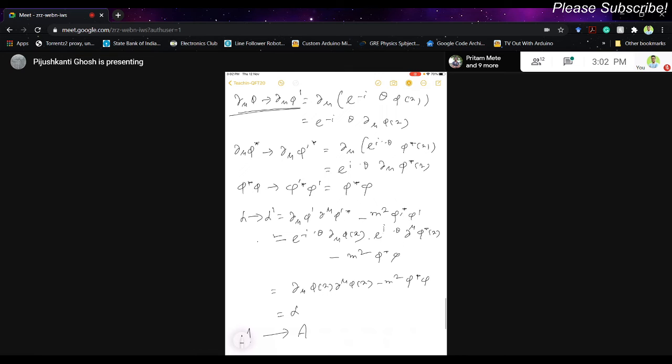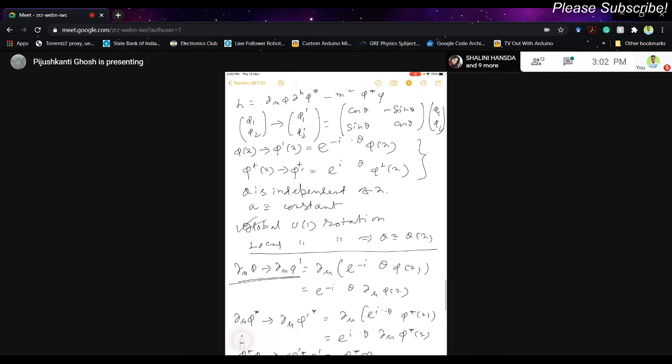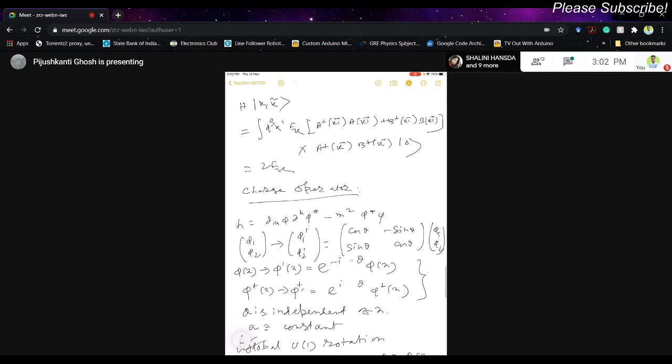Okay. So this phase rotation, why do we call it phase rotation? It is clear from this that scalar field phi can also be thought of as two real scalar fields phi 1, phi 2, and this transformation phi x equal to e to the power minus i theta phi x is equivalent to a rotation in the internal space of phi 1 and phi 2.